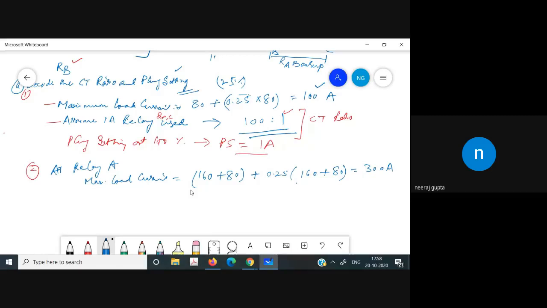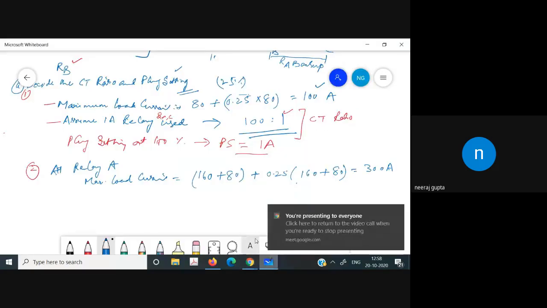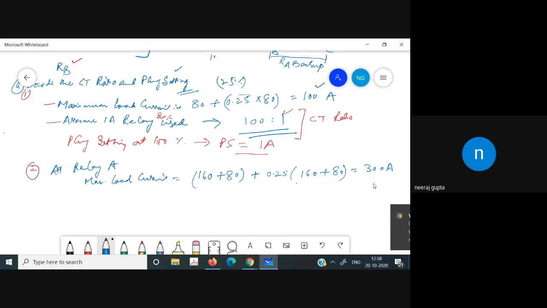So in this case, you will see that the maximum load current is 300 amperes. Now, as we have done in the previous case, let us suppose that a 1 ampere relay is used.